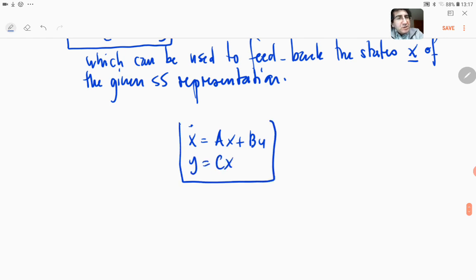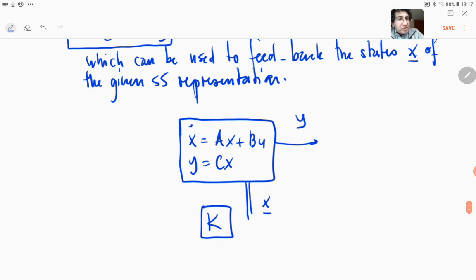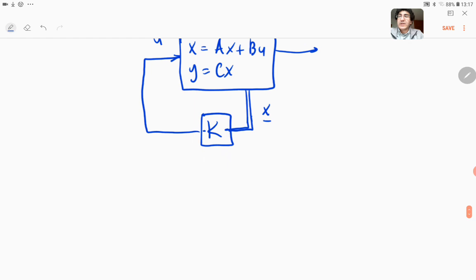This is our original system, and if you want to generate a state feedback from here, the output goes from here, and this is our states, so we need to use the K matrix. Obviously this needs to be with a negative sign, because we are directly feeding it to the input. So that is our example.